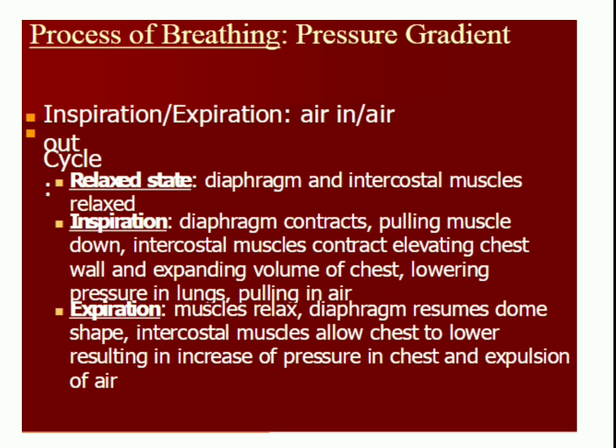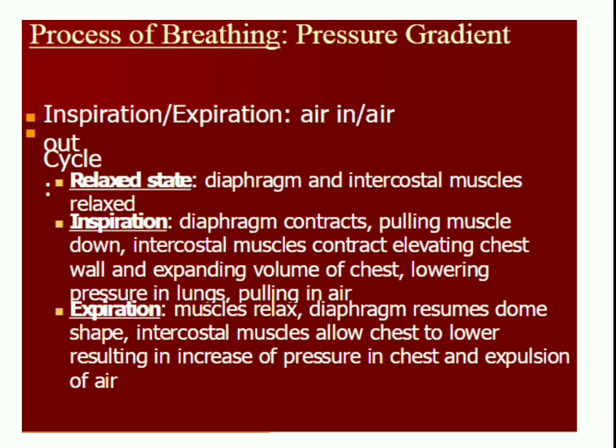First, the relaxed state. During the relaxed state, the diaphragm and intercostal muscles relax. During inspiration, the diaphragm contracts, pulling down, and the intercostal muscles contract, elevating the chest wall, and it expands the volume of the chest, lowering the pressure in the lungs, and it pulls air in.